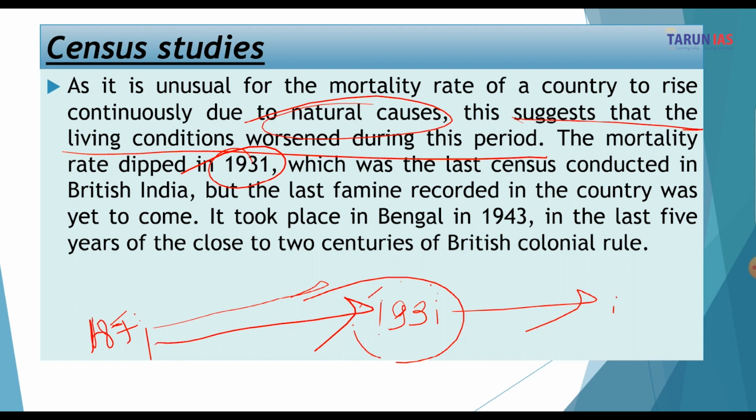However, shockingly, 1943 is the year where the famine took place, in the last 5 years of the close to 2 centuries of British colonial rule. And this is almost the most studied famine in India.